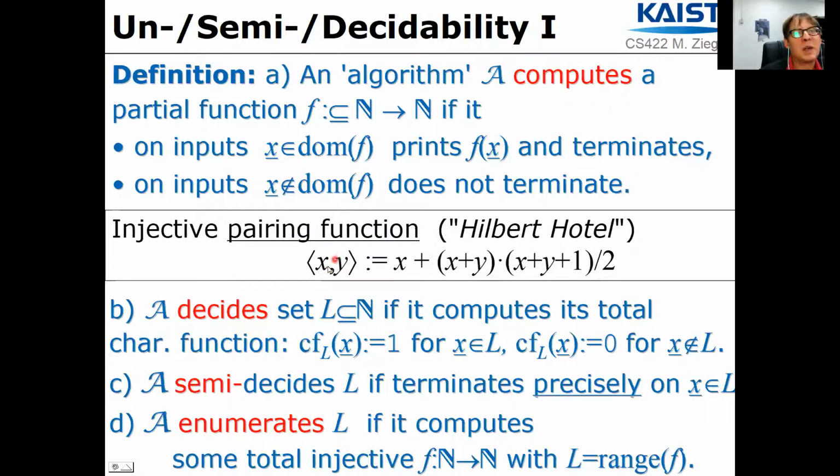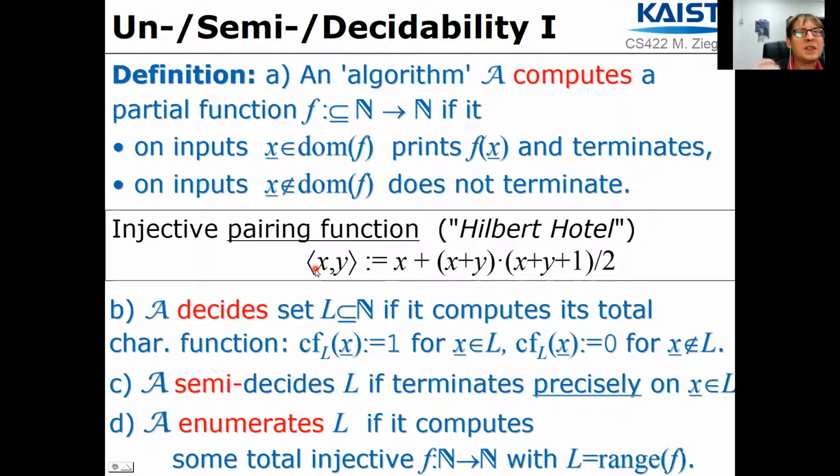First one by a natural number called x, second by a natural number called y. And now we plug these natural numbers x and y into this pairing function according to this expression. Don't worry too much about the expression. The result being again a natural number, and this is the number of the room we're going to put the visitor number y from bus number x in.